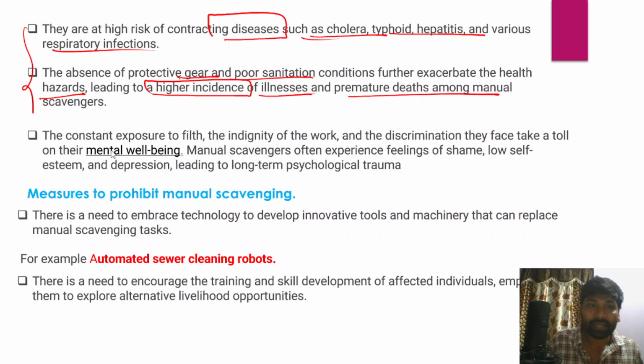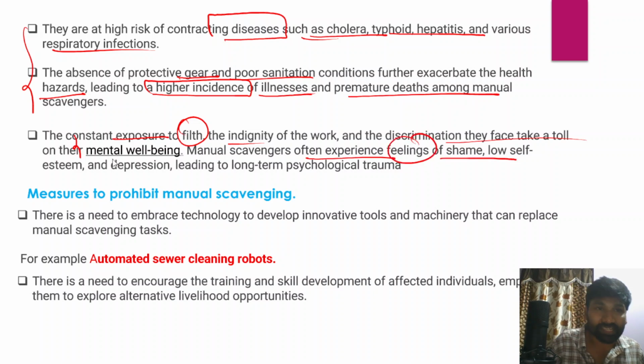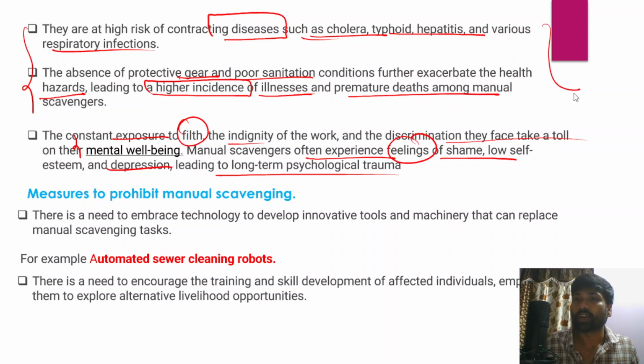And apart from that, the constant exposure to filth, the indignity of work, and even the discrimination that they face take a toll on their mental well-being. And manual scavengers very often experience feelings of shame, low esteem, and depression, leading to long-term psychological trauma.